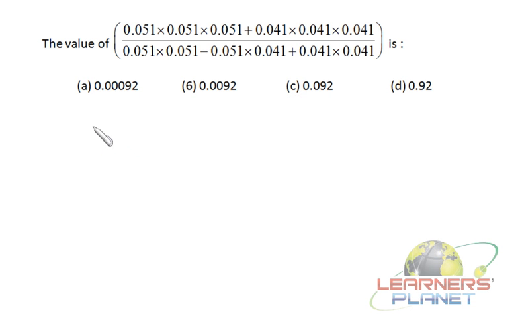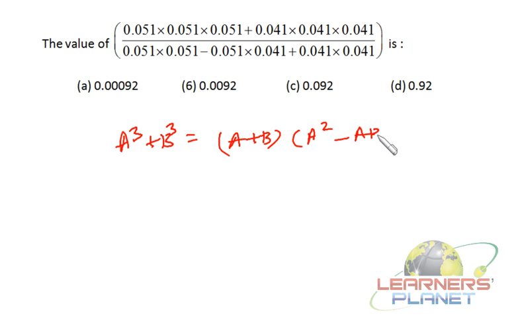Now let's see this problem. The value of this expression, here it is 0.051 cube and here it is 0.041 cube. So this is an application of a cube plus b cube. Now what is a cube plus b cube? It's a plus b, a square minus ab plus b square. Now we see in this question it is a square minus ab plus b square, and here it is a cube plus b cube.